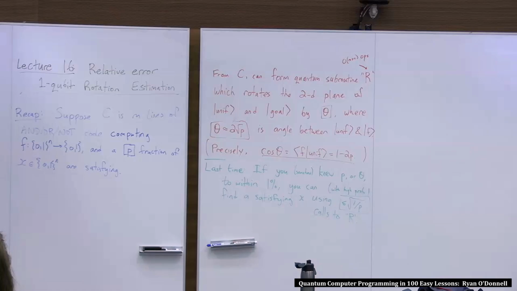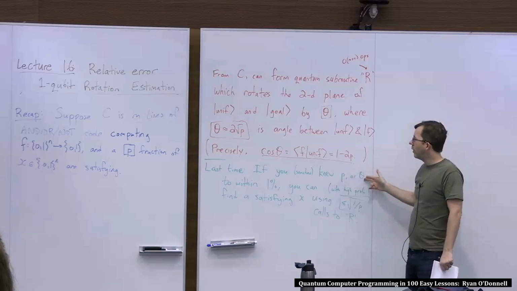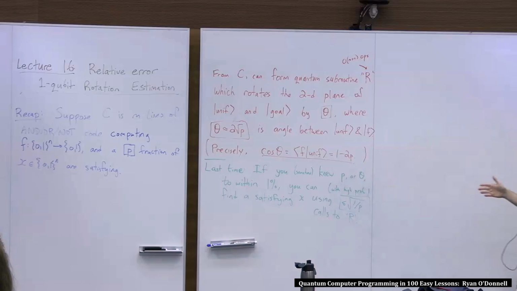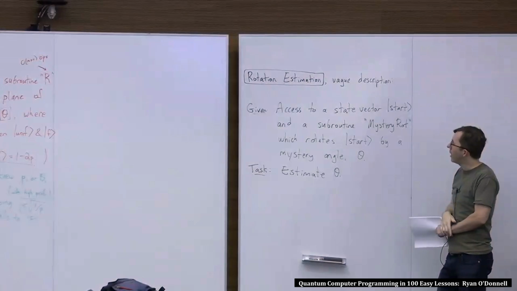Okay, that's the story. So this brings us to the task of trying to estimate theta, or equivalently p, but we'll think about estimating theta. It is a task of estimating a rotation angle, and that's the exact subject of this fundamental subroutine called rotation estimation, which we're going to spend a lot of time on.